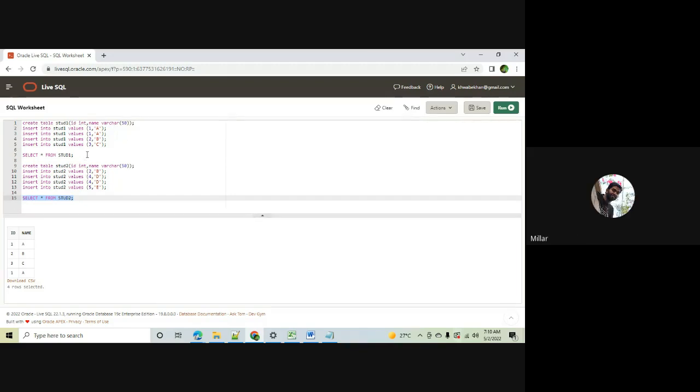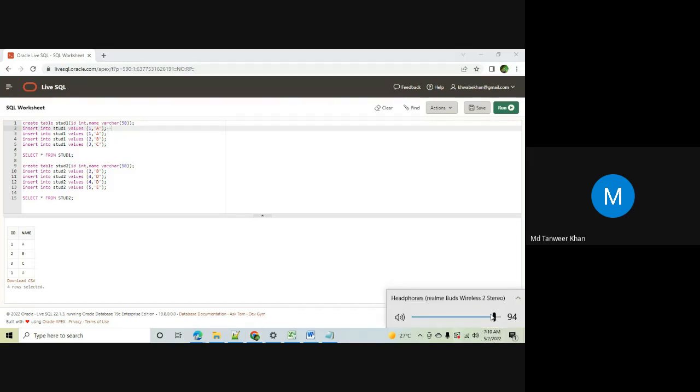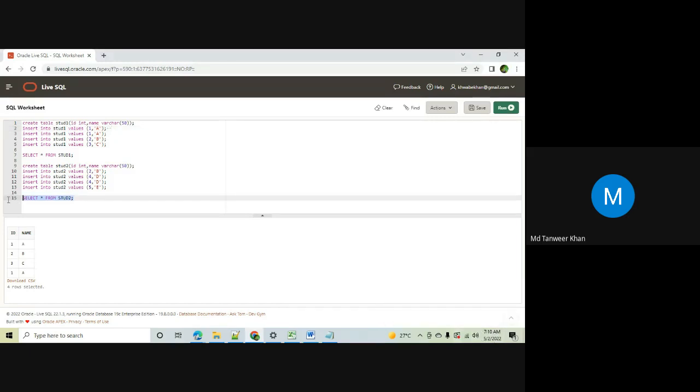Yes, 1A is a duplicate. And similarly in student 2, we have some duplicate values. 4D is a duplicate, right?